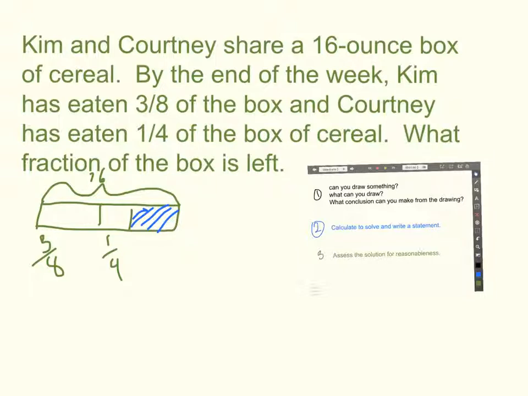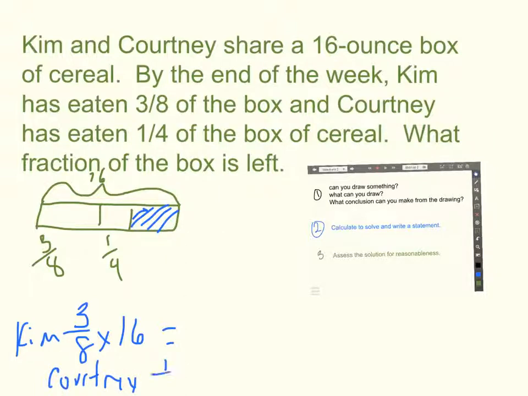Well, you're going to have to do the math for each one. So Kim did 3/8 times 16. Solve that, and you're going to have to say Courtney is 1/4 times 16. Solve this problem. See how you do. Push pause.